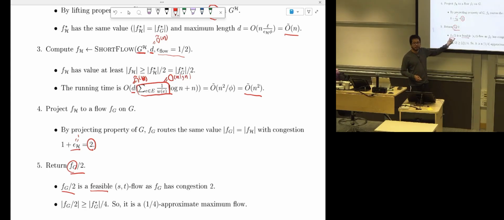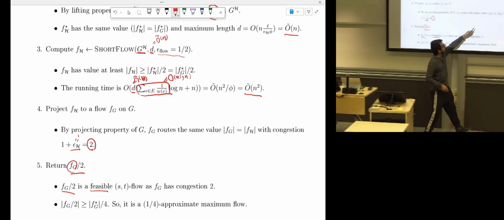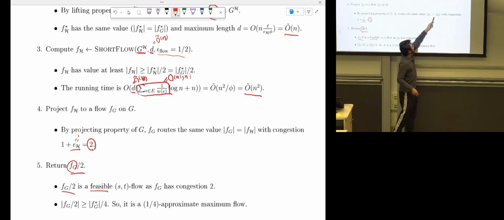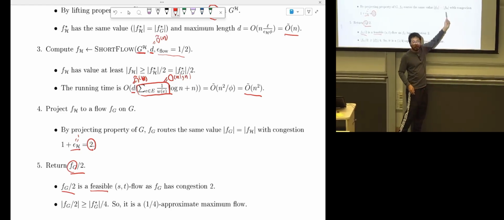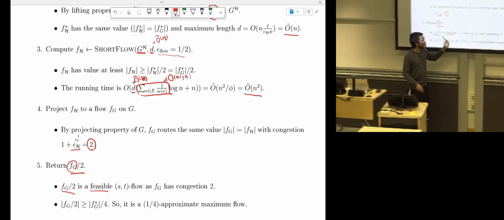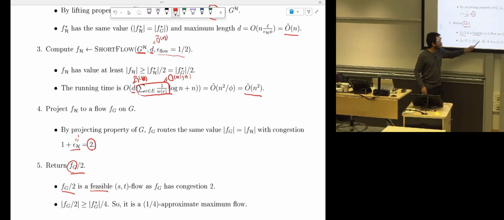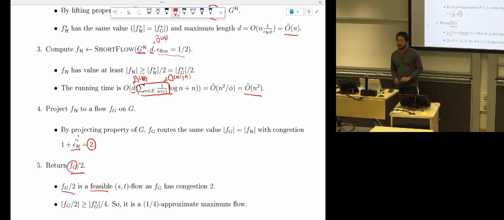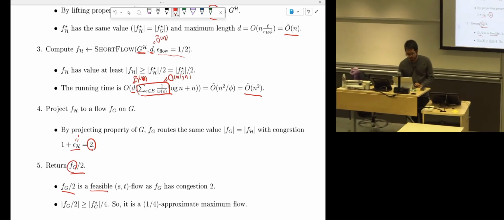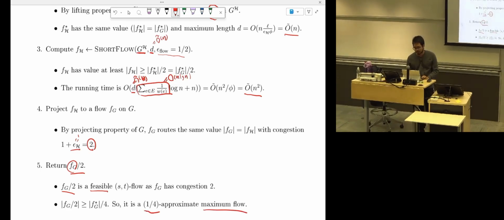Anyway, how big is this one? FG would be as big as max flow over 2, so this is as big as max flow over 4. So this is actually a 1 over 4 approximate max flow.